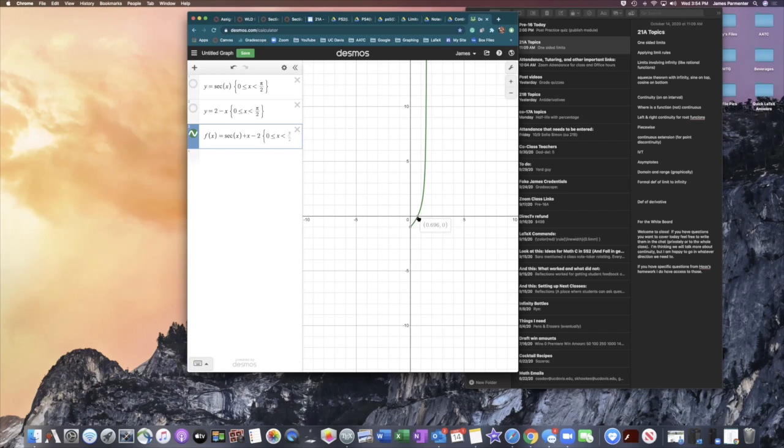I'm not actually plugging in 0 here and able to find what x is. I'm just able to give an interval where there is an x, where if I knew what that x was, in this case approximately 0.696, we could say that there would be a solution there. But I don't actually know what the number is. I just know that it's in some interval.